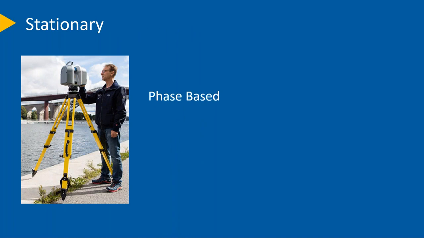There are a couple of different main types of stationary laser scanners. You'll have phase-based, which historically has been known for very accurate close-range measurements, losing a little accuracy over the course of the range, but also being very fast.